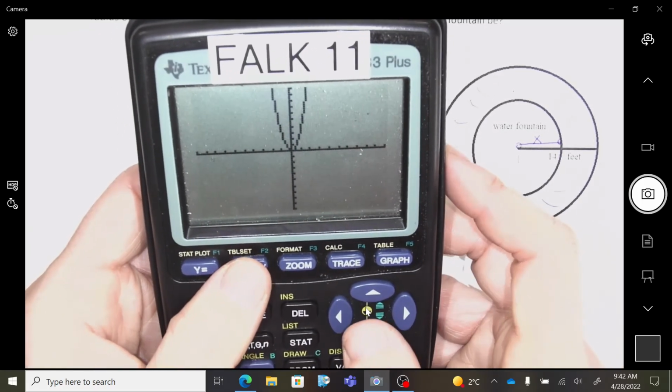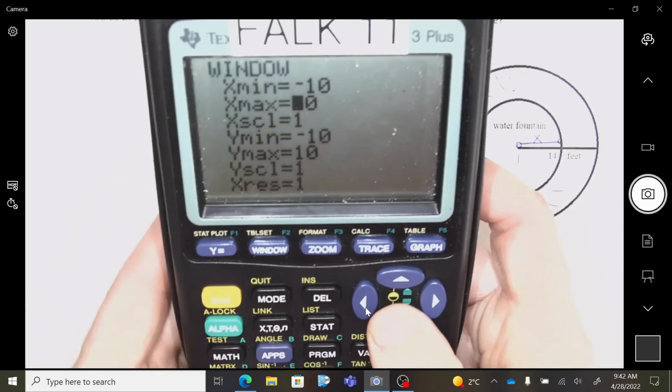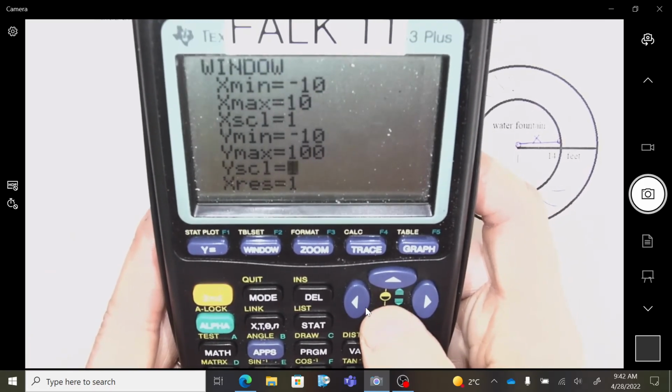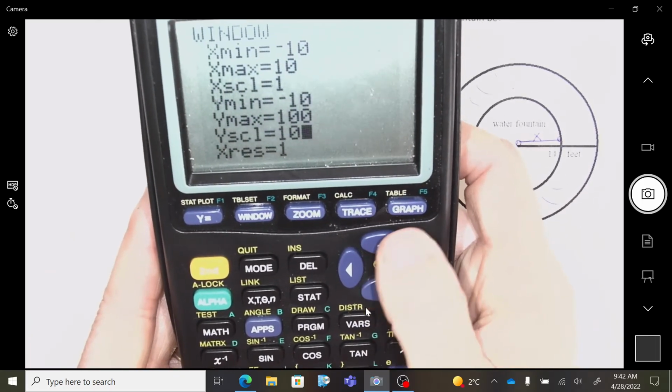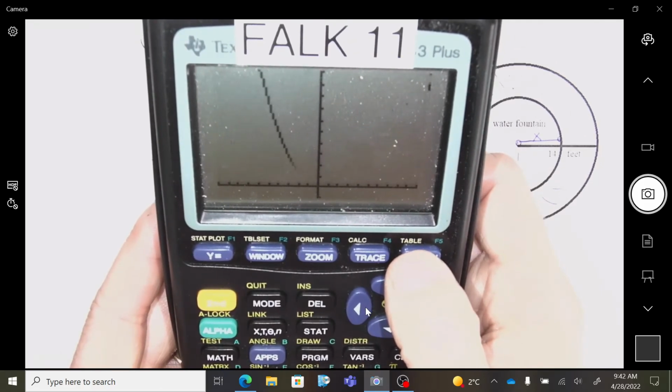Okay, so let's try Window, making this 100, scale 10. I don't know. See if I can see more if I do that.